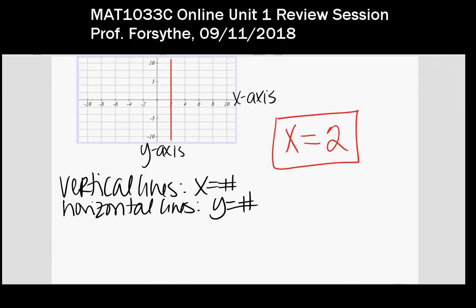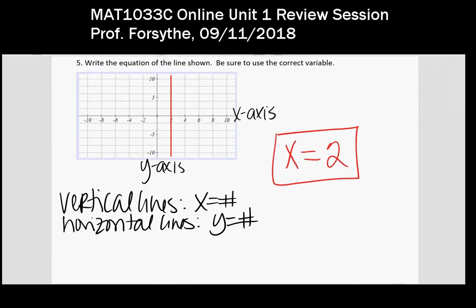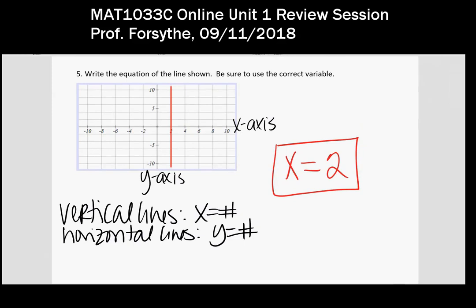Okay. So that's pretty much the important thing you want to remember here. And you can remember that because it's crossing through those axes. So the red line is crossing through. Any vertical line is crossing up and down. It's crossing through the x-axis. So it's going to be an x equals equation.